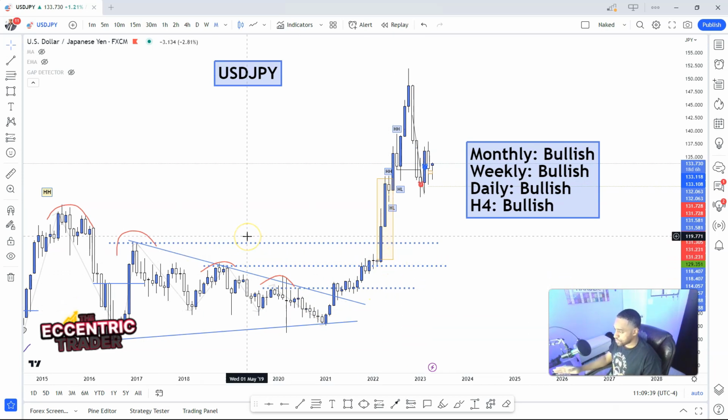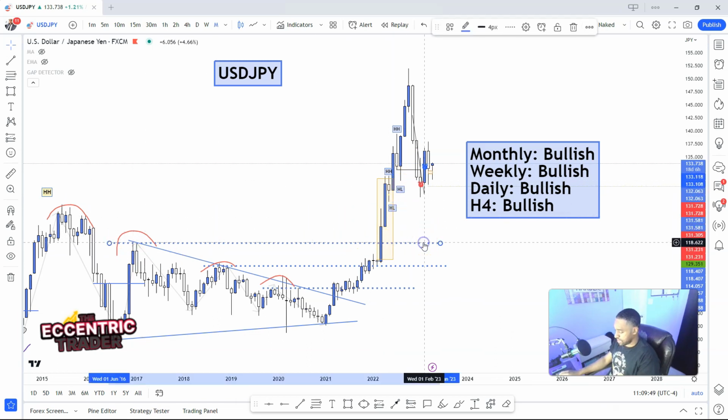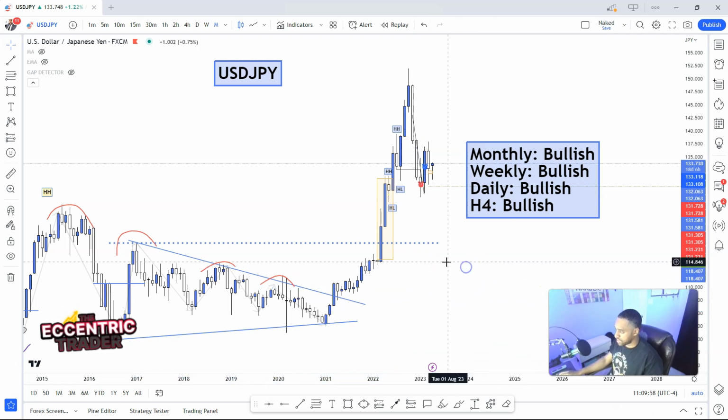But just for directional bias sake, we can just use this one right here, right? So these two candles, this high was broken. And that was March of last year. So until then, price has been on an uptrend pretty much, right?